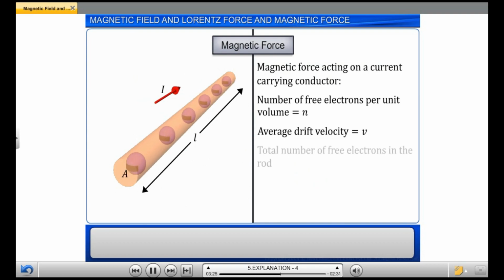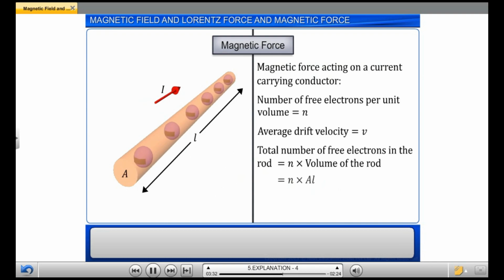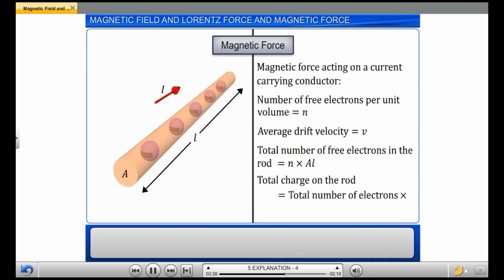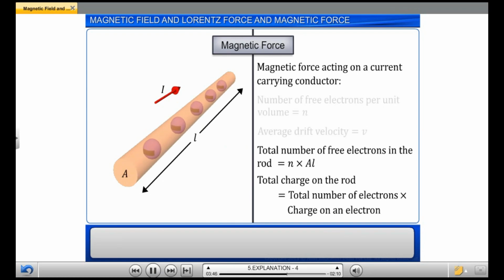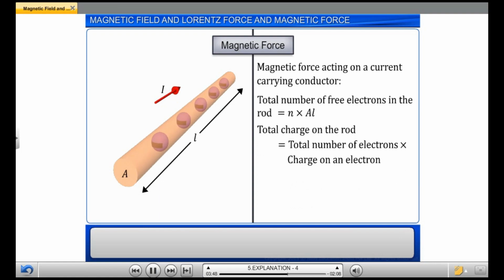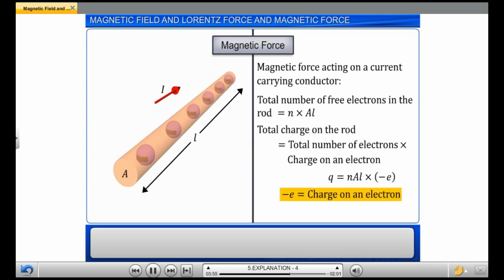Then, the total number of free electrons in the rod is equal to N times the volume of the rod, which is equal to N into AL. The total charge on the rod is equal to the total number of electrons multiplied by the charge on an electron. That is, Q is equal to NAL multiplied by minus E, where minus E is the charge on an electron.